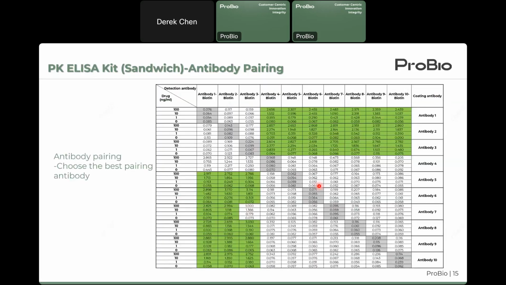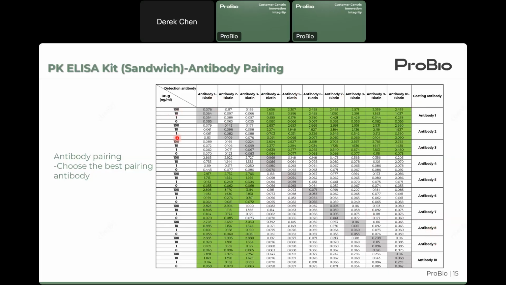To establish sandwich ELISA, the first step is to identify anti-idiotype antibodies that can potentially form a pair, which means these two antibodies can associate with the drug simultaneously without any competition in between. So in this checkerboard ELISA, 10 anti-idiotype antibody candidates are mapped with each other to form a 10 by 10 array.